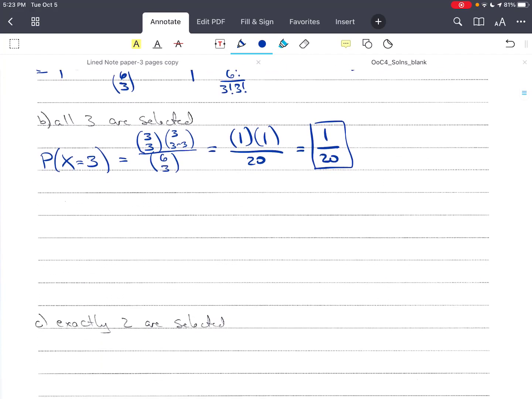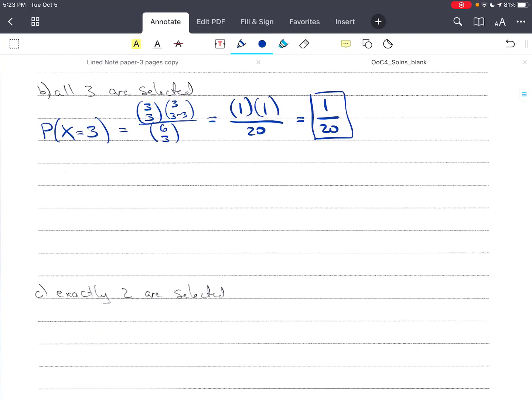Now, what's the probability that exactly 2 are selected? And so this is going to be the probability that X is equal to 2. N1, again, is 3. x is 2. N2 is 3. 3 minus 2 is 1. Over 6 choose 3. So the denominator stays the same.